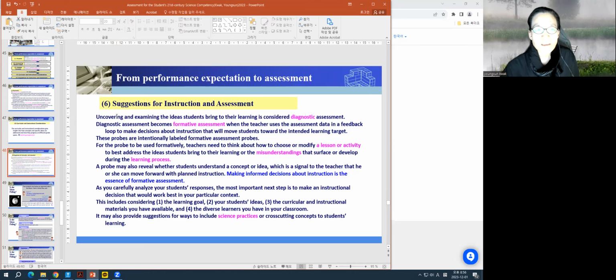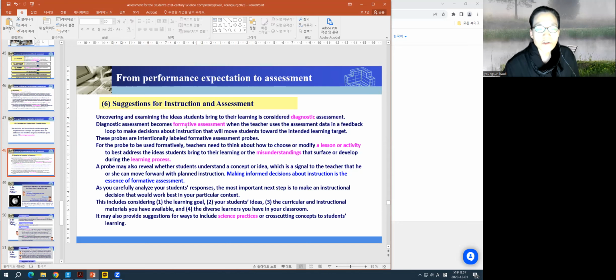Based on your assessment result of your students' competency, you can uncover or examine the ideas students bring to their learning. An assessment focused on this area is called diagnostic assessment, as you well know.